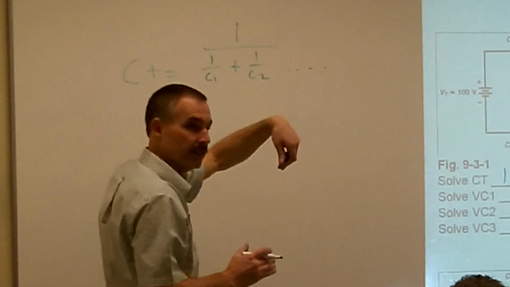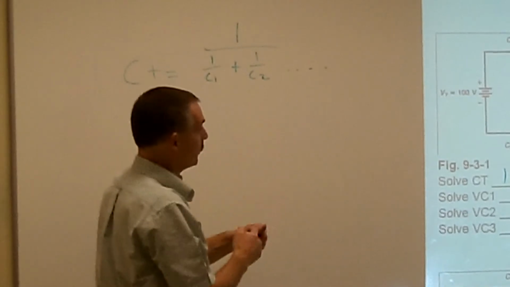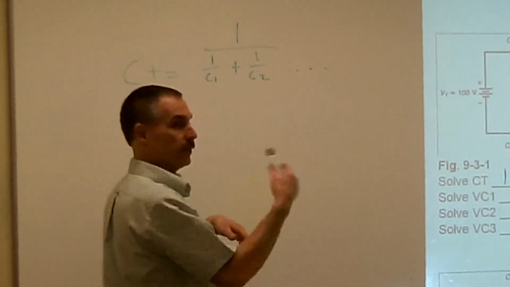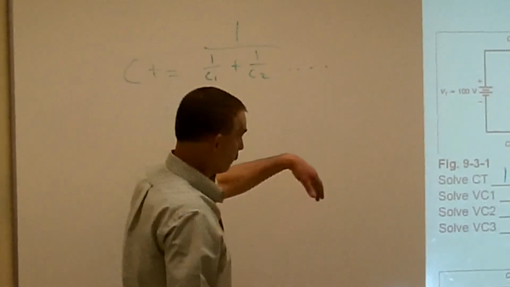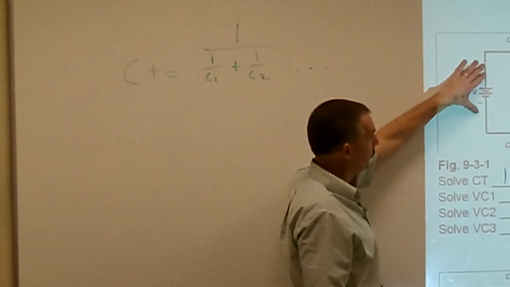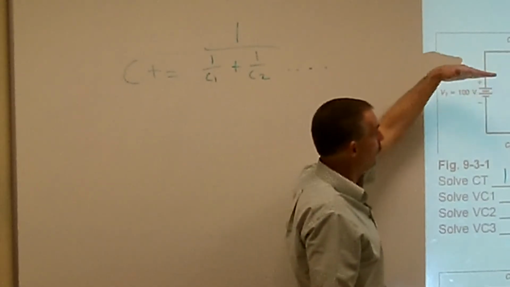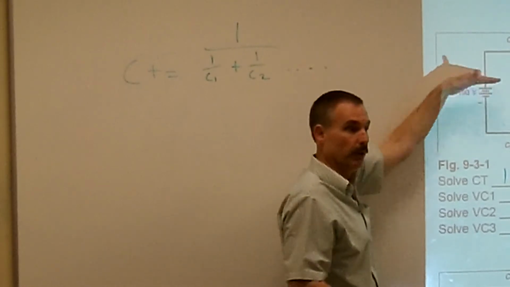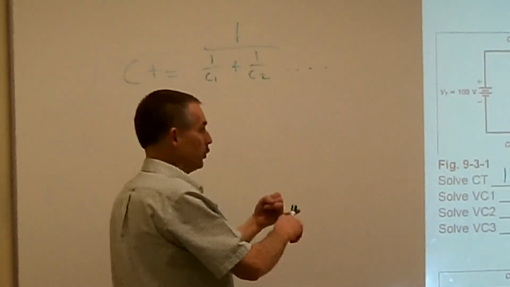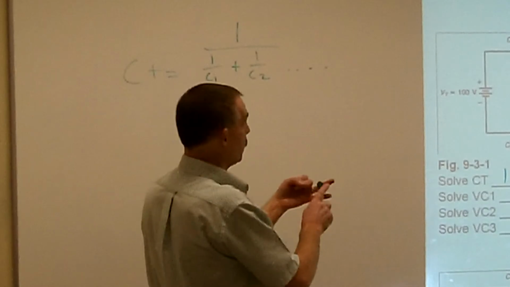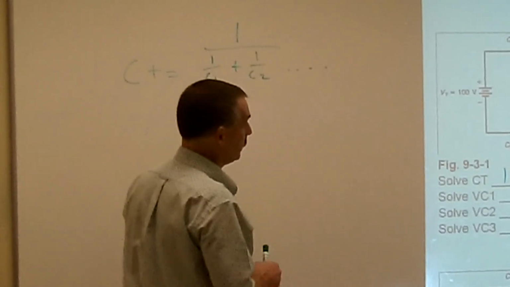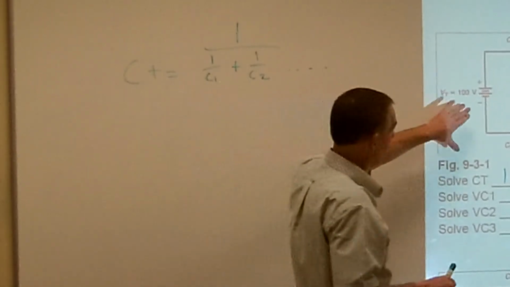The nice to know thing is that when I first turn on power, my capacitor is always going to act like a short. And then after a certain amount of time, my capacitor is going to act like an open.